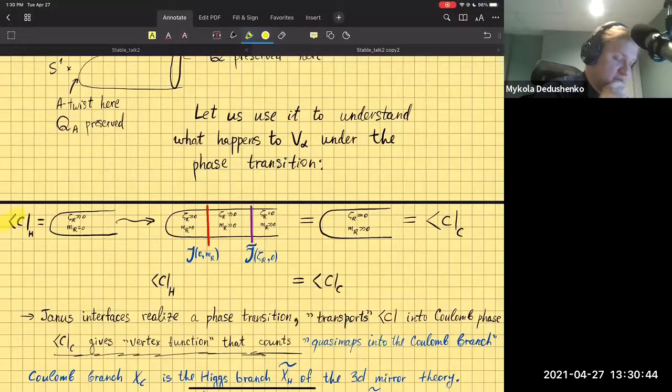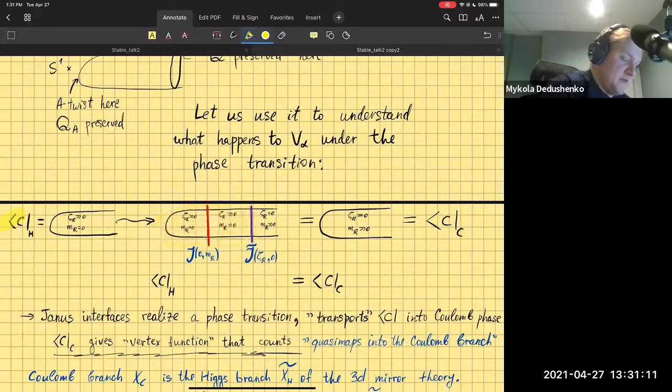And there's some other property which I didn't explain, but one can show that in this cigar background, as long as you keep parameters fixed here, you can vary parameters inside the cigar.